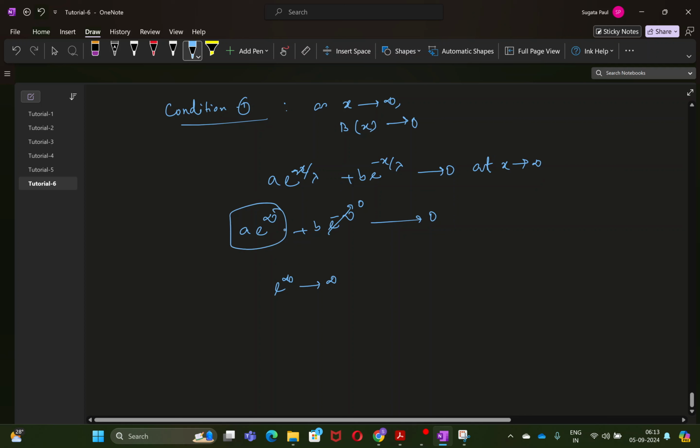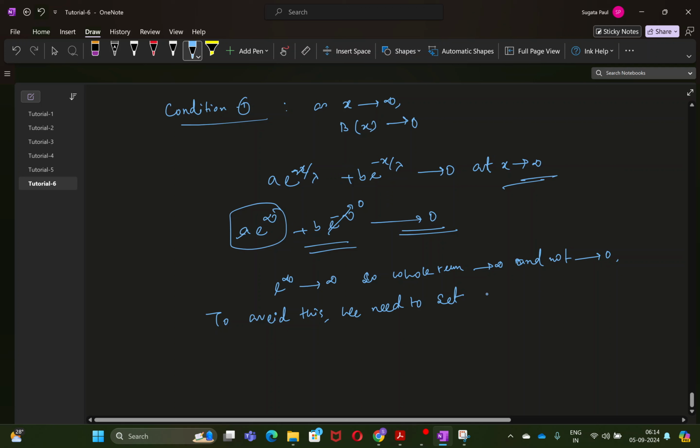So if this term is present, the whole term can never decay to 0 at x tends to infinity. To avoid the whole term tending to infinity and not to 0, we need to set the coefficient A to be 0.